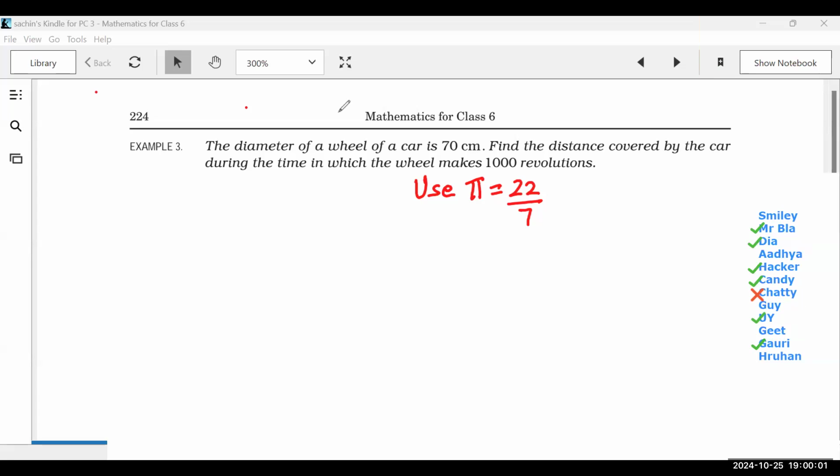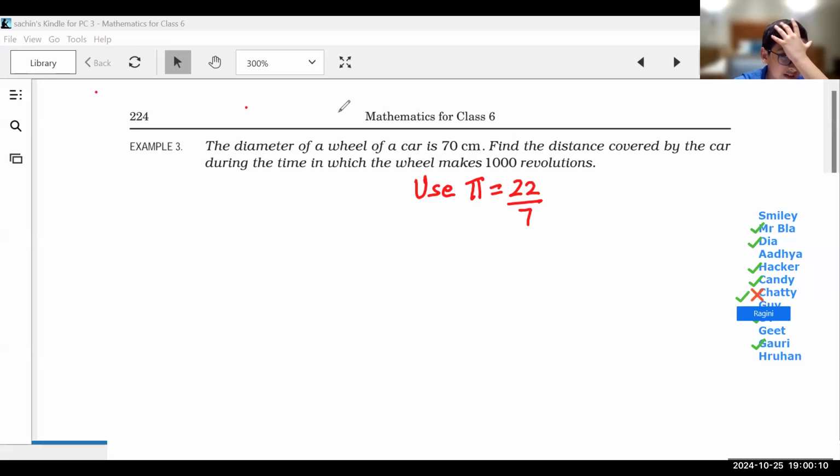You got it right. This question is difficult.